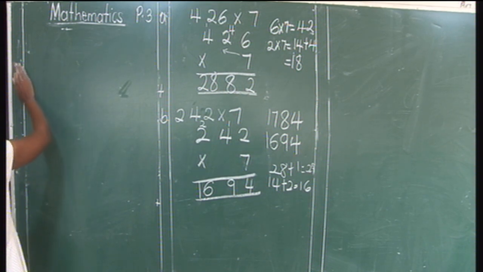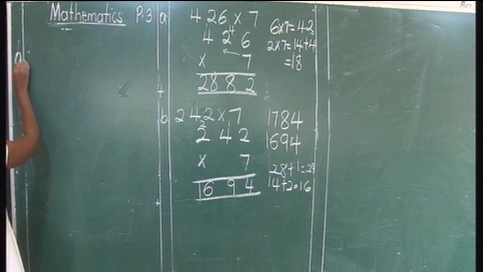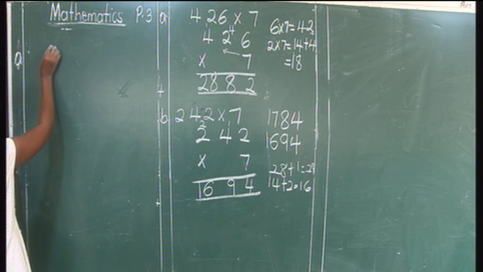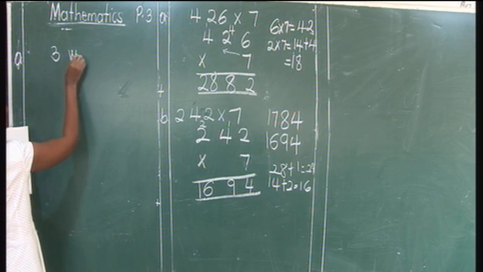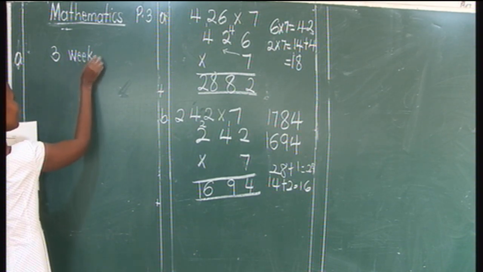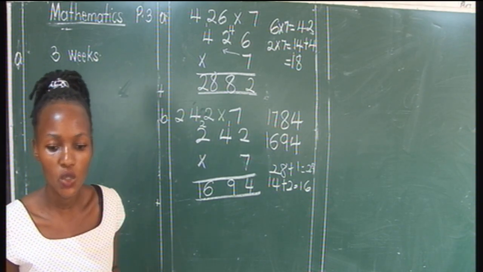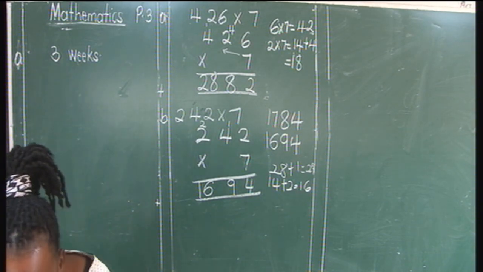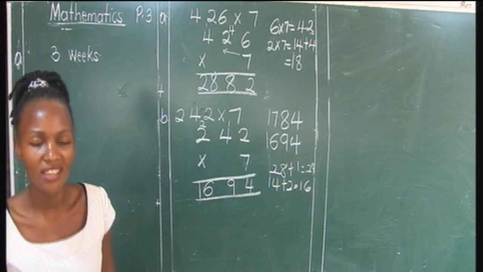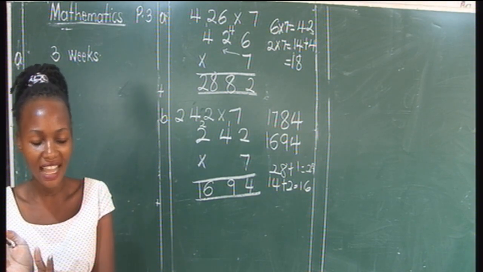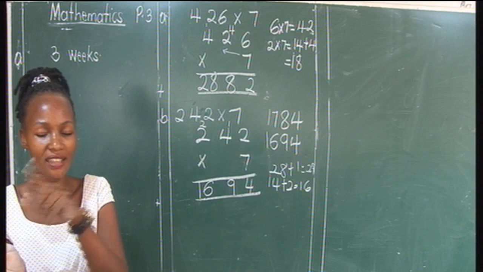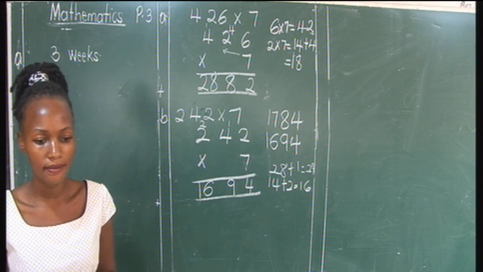They've told us, change the following weeks to days. Part A, we have 3 weeks. Change 3 weeks into days and see how many days are in 3 weeks.